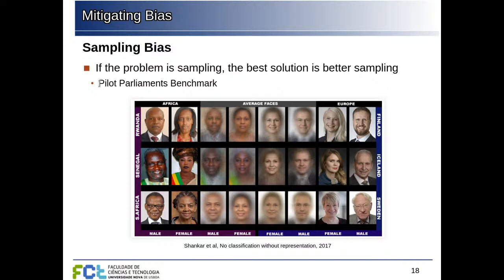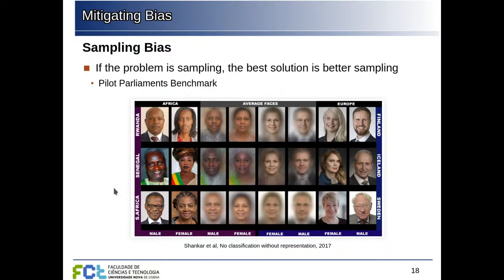So these are the members of parliament of different countries, choosing representative samples of men and women, and also choosing different countries so that they get different types of faces, skin tones, and so on. So we have Finland, Iceland, Senegal, South Africa, and so on.